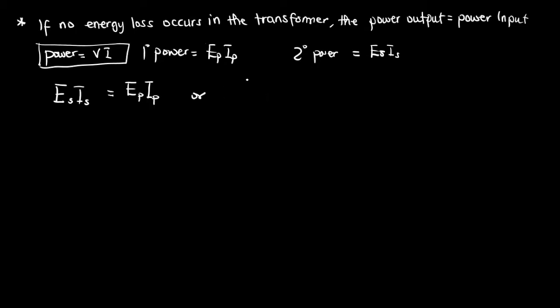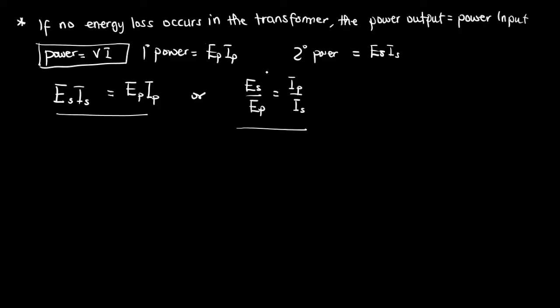Or you can rewrite them as this: ES over EP is equal to IP over IS. Are you okay? So it's either this or this, right? This is just like making the E's stand at one place and the currents also at one place, the EMFs at one place and the currents at one place.